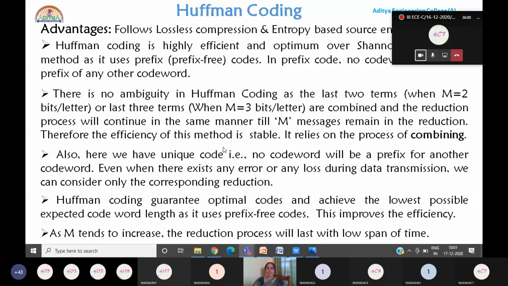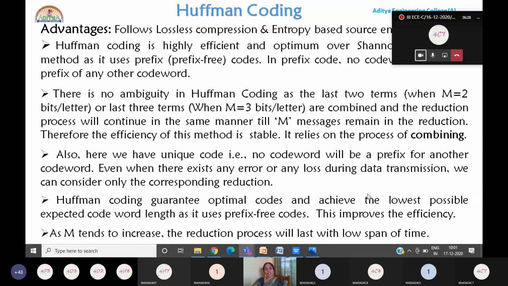Here already I told you that no code word will be the prefix of other. So even though there exists any error, it's enough to consider only the corresponding effect of symbol instead of considering all the process from the beginning. And here this uses prefix codes.